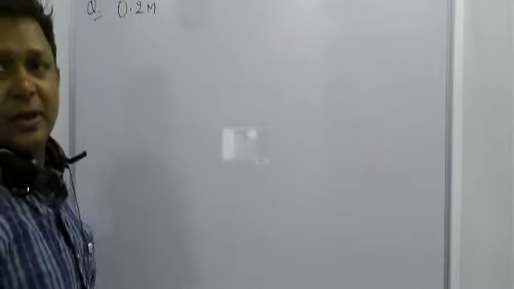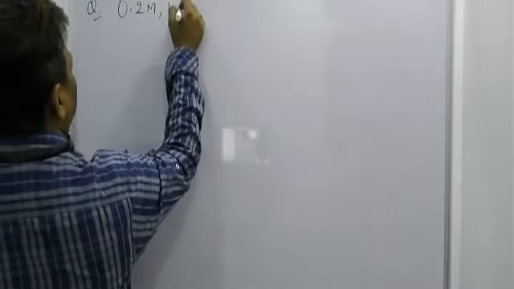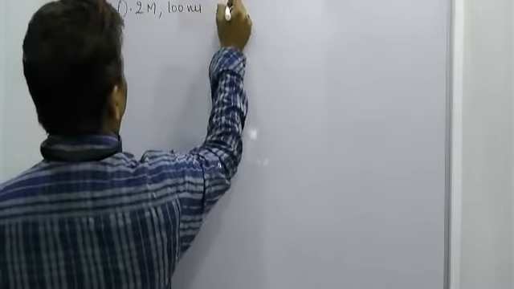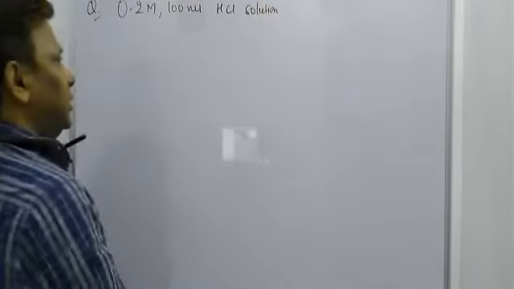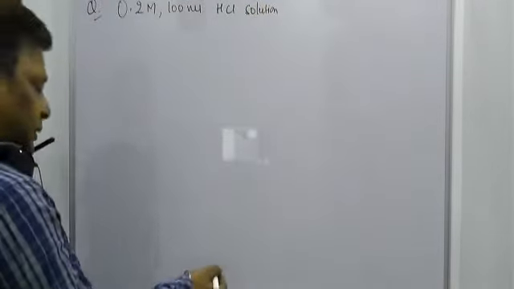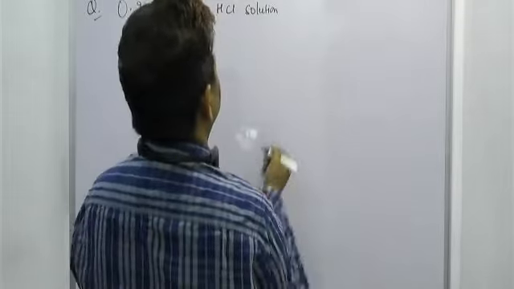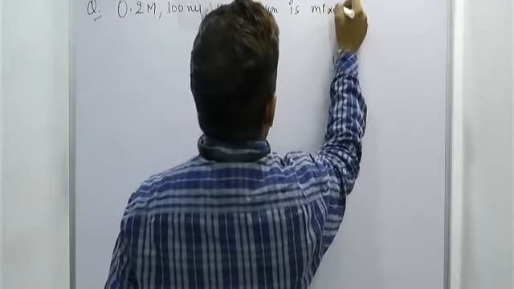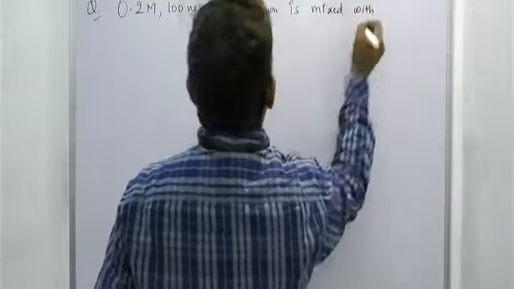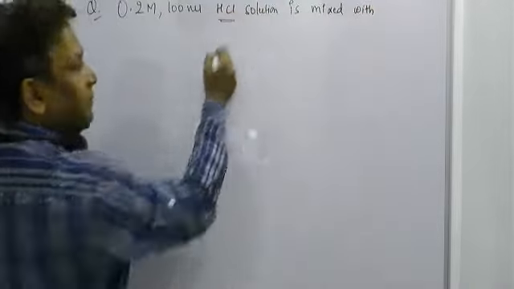Are you able to see here? 0.2 molar, 100 ml HCl solution is mixed with, now see beta, this is an acid.